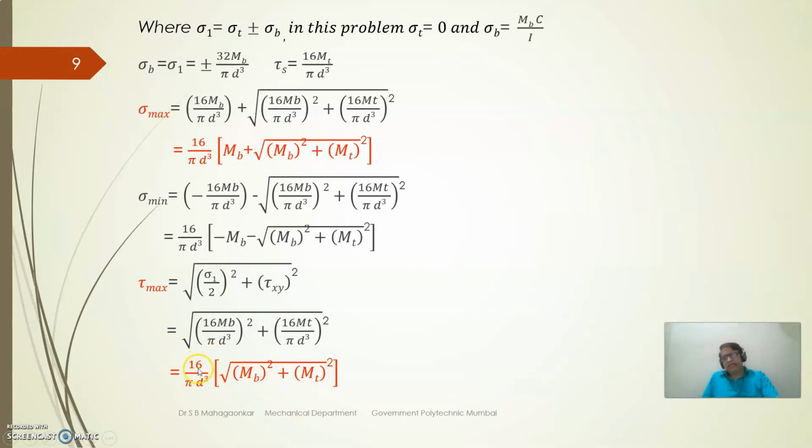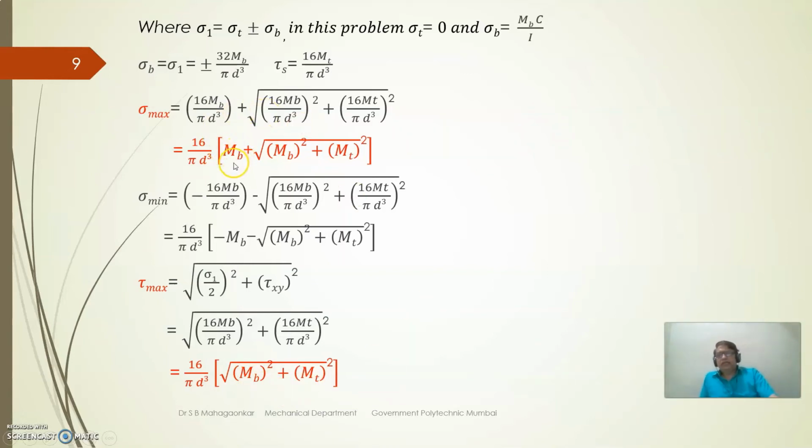So this indicates just like a torque, 16 by pi d cube into torque. That's why this is called equivalent torque. In some of the books, they are referred to as equivalent torque, TE or MT equivalent. So torque equivalent in the shaft is nothing but under root MB square plus MT square.